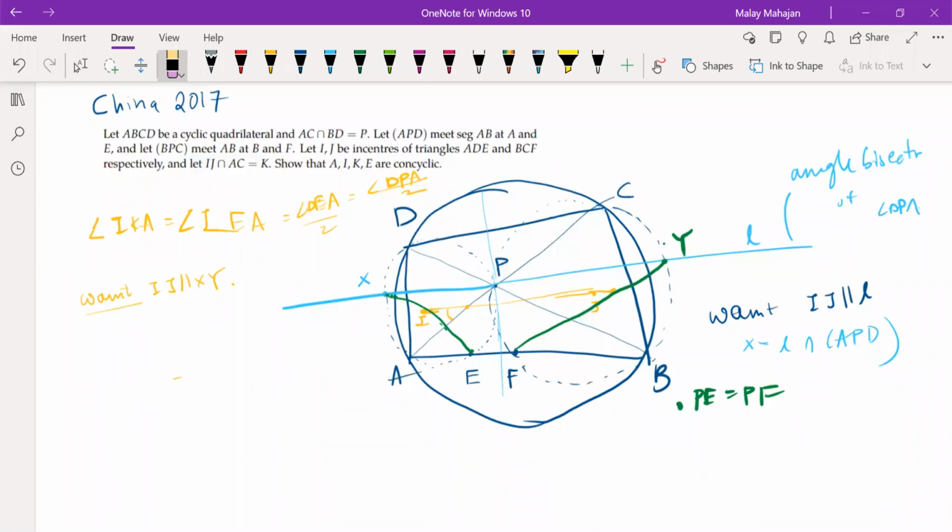Next step, I'm not sure how to motivate. There might be multiple solutions, but in the proof that I know, I am not sure how to motivate the next step. But probably think about some weird conditions that you can use to prove that IJ is parallel to XY.